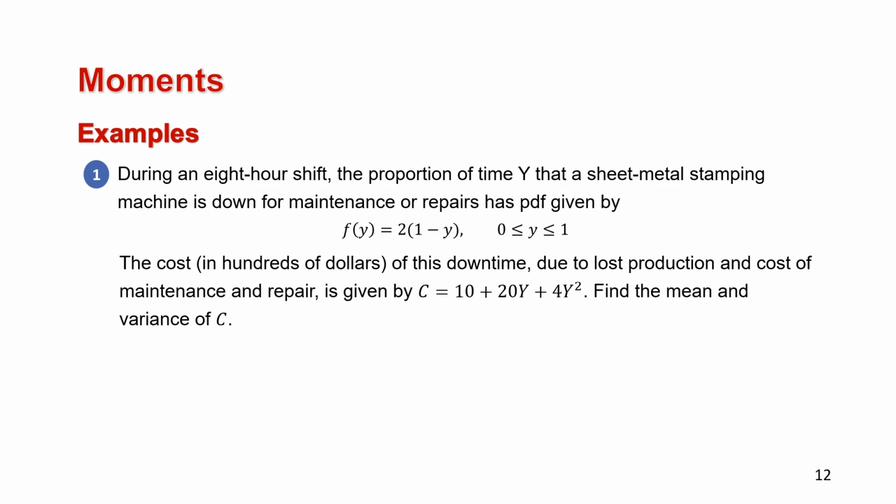Let's take some examples. During an 8-hour shift, y is the proportion of time that the sheet metal stamping machine is down for maintenance or repairs, and has a PDF given by this form. The PDF is f of y equals 2 times 1 minus y, where y takes values from 0 to 1, that is, y is greater than or equal to 0 and less than or equal to 1.